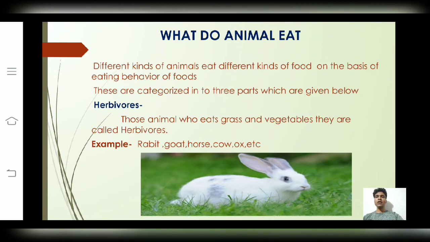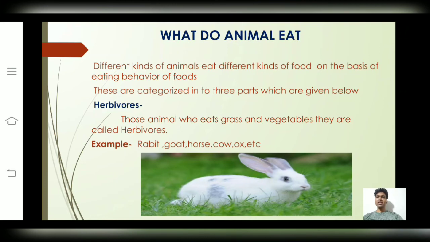Friends, here we have to know what animals eat. It means different kinds of animals eat different kinds of food on the basis of their characteristics or their eating behavior. Friends, there are basically three categories of animals according to how they eat.